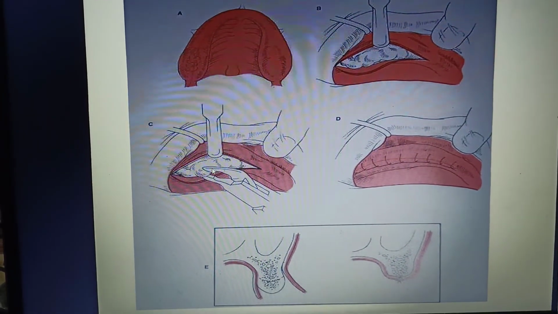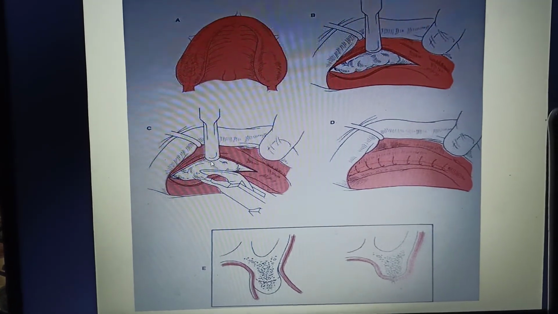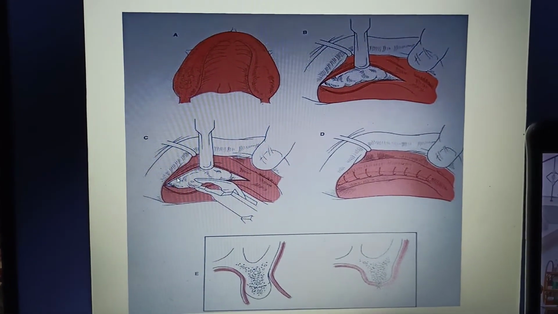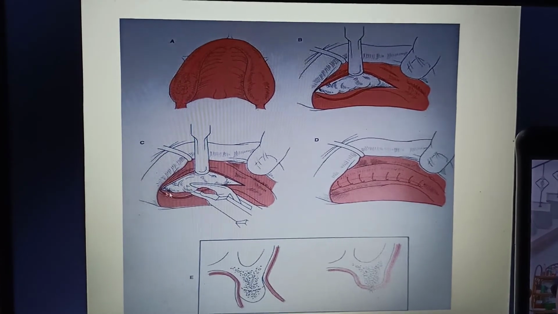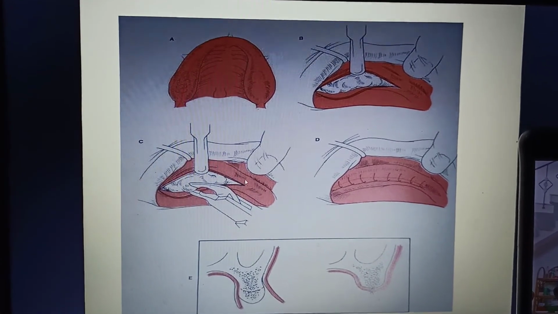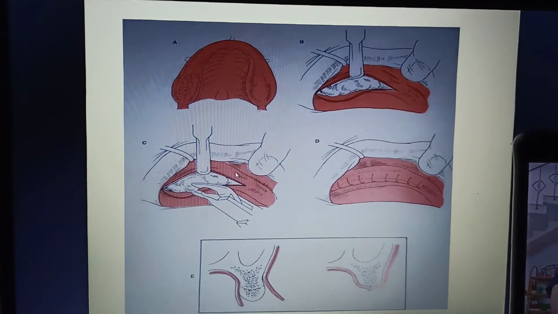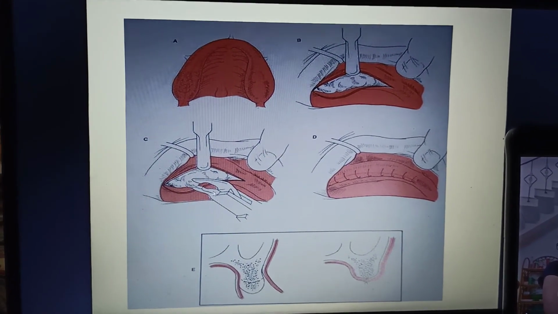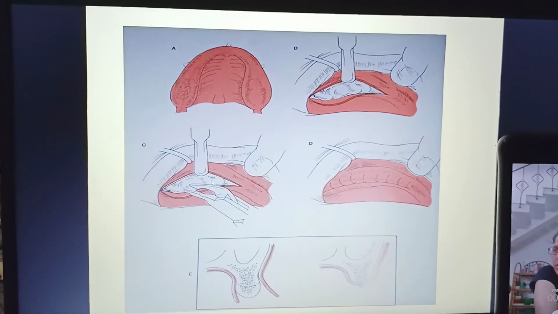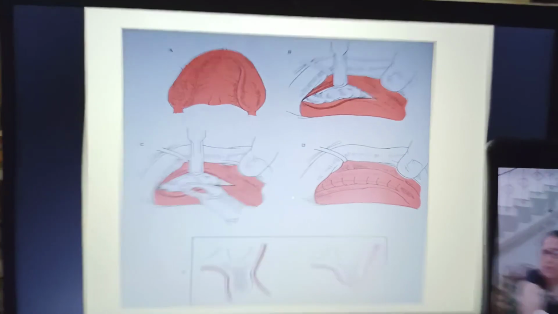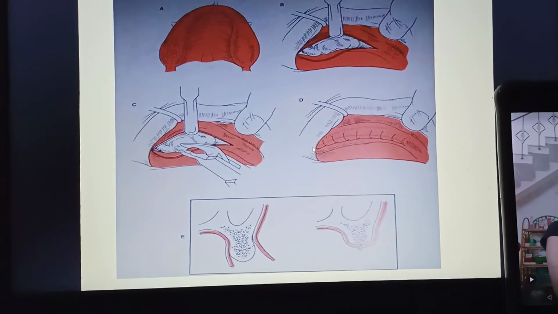Now using a rongeur, you can remove the excess tuberosity exostosis, and then using a file smoothen the area out. Now if this mucoperiosteum is in excess, then a wedge is removed prior to closure.